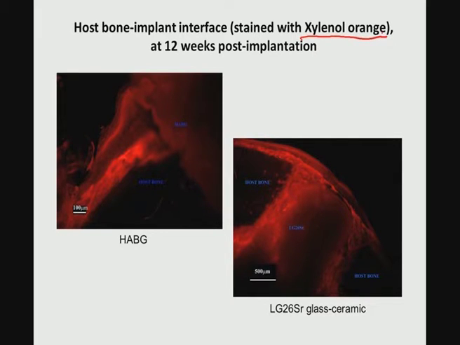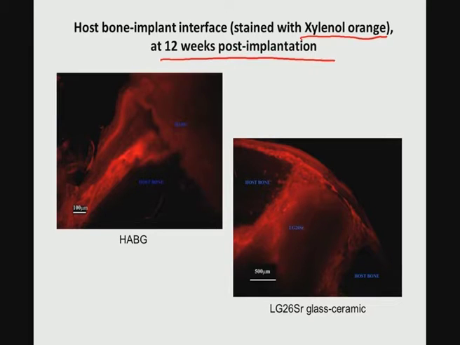The idea is that those stains will diffuse to the implant and tissue interface and deposit there. When you do fluorescence microscopy, it will give you a contrast characteristic of that particular staining agent.